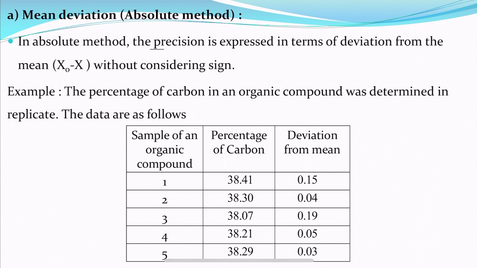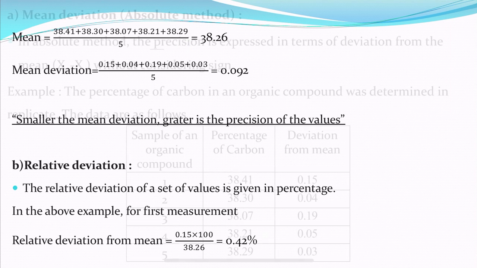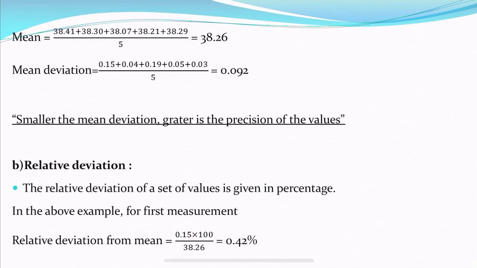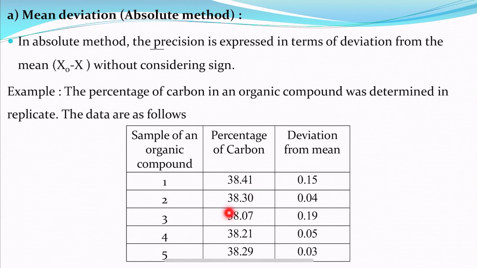The result I get is 38.26 as the mean, and deviation from the mean is the difference between this mean value and each value present here.